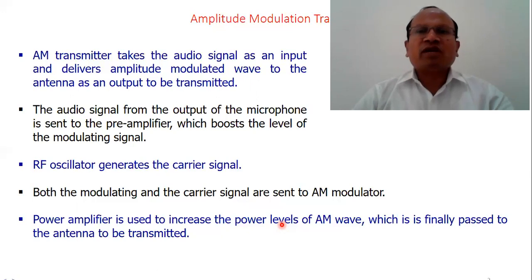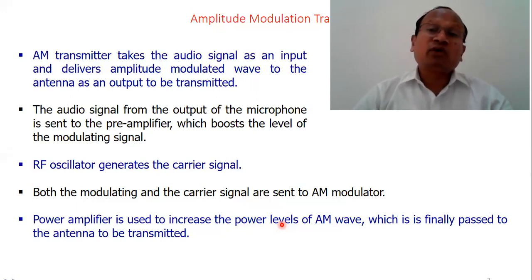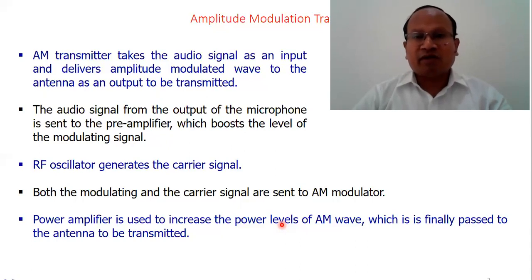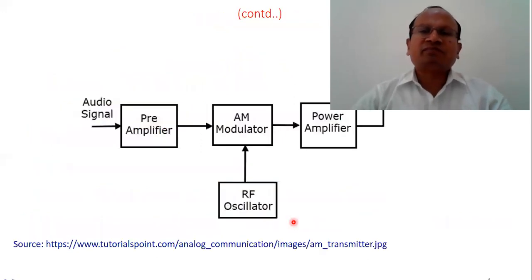Now the amplitude modulator generates the AM signal. Again we need to increase the power level, and that highly powerful amplitude modulated signal is fed to the antenna which transmits the signal.